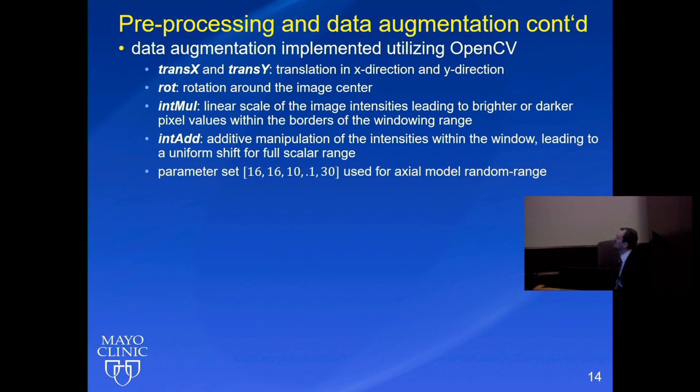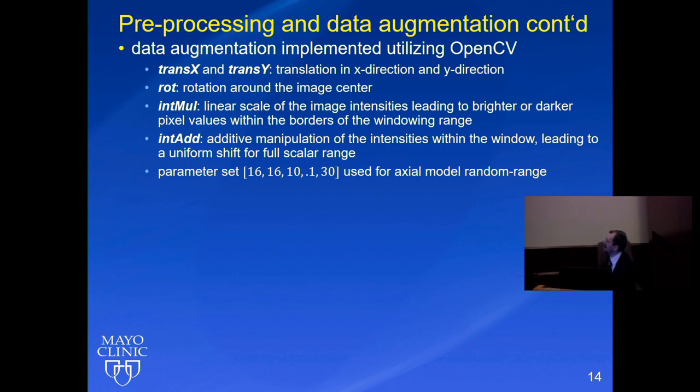What we use there is translation as geometric transformation, also rotation within some random range, besides adaptations on the intensity profile itself, in a multiplicative and in an additive way. That is how we manipulate the input slices when we use them for random data augmentation in the model training.